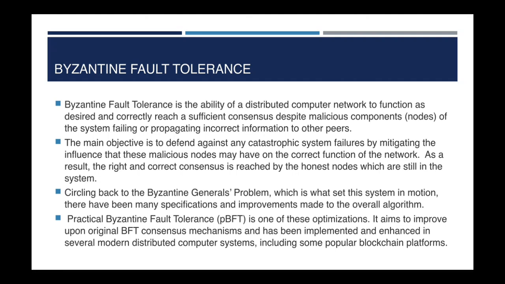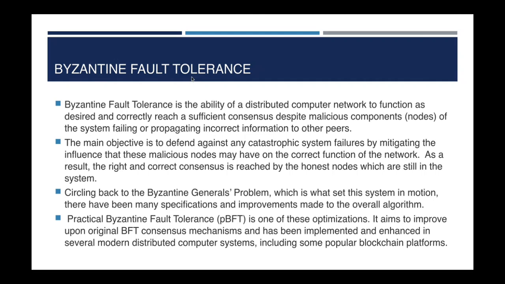This is called the Byzantine generals problem analogy. This is the main issue faced by the Bitcoin network, and in order to bring a solution to that problem, we have Byzantine fault tolerance.